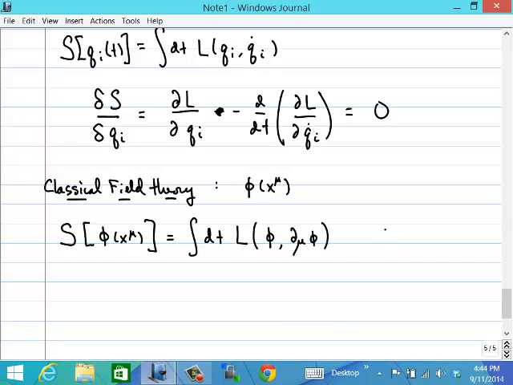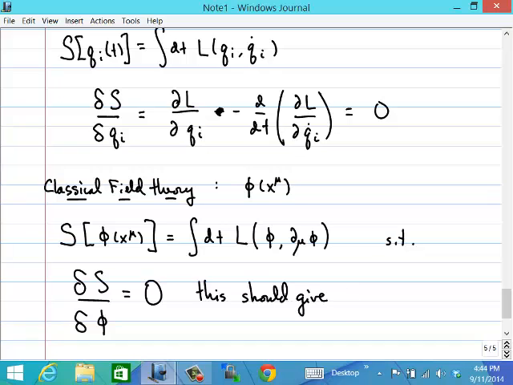And our theory will be such that when you set the variation of this action to 0, in particular you imagine varying our field configuration a little bit and setting the first order variation of your action with respect to that variation of the field configuration equal to 0, this should give the equation of motion for our field.